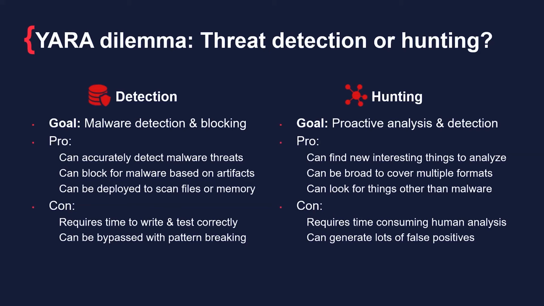So there's kind of like a balance between how accurate the rule you want to create versus how many false positives you want to generate. Generally, the more strict the rule, the less false positives, but it is then easier to break. So you need to find that balance. Well, with hunting, if you create a good hunting rule, right, the number of matches it creates can be quite a bit.